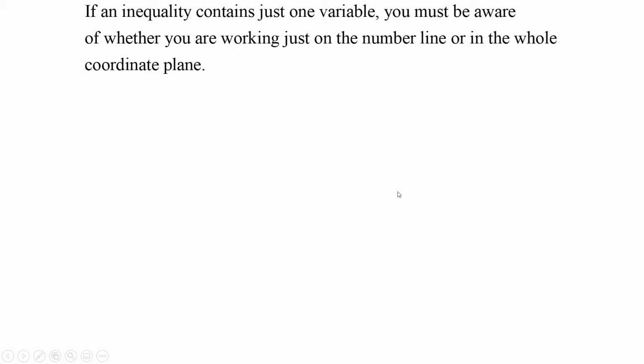Okay, if your inequality contains just one variable, you must be aware of whether you are working just on the number line or in the whole coordinate plane. So these are really easy, but you've got to be aware of one critical thing. If a question is written like this, find all x such that x is greater than or equal to 3. Do you see any y's anywhere?